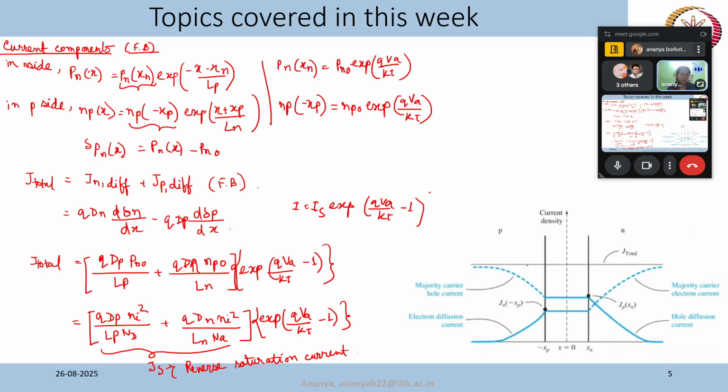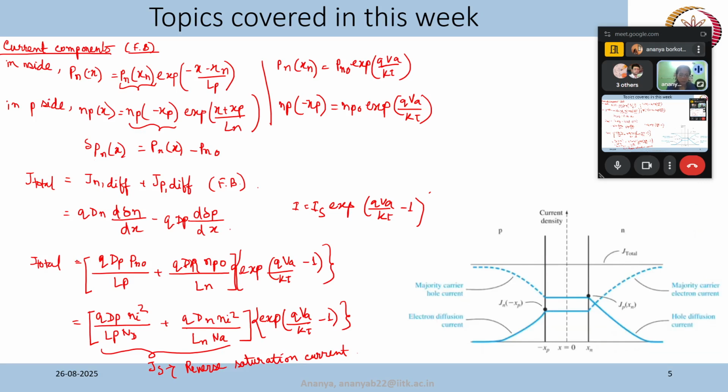Here again these are assumptions. We are considering that individual electron and hole current components are continuous. You can see here, this is the hole current component, this is continuous. This is the electron current component and this is continuous. This is the hole current component, this is continuous, and overall our total current is constant everywhere.